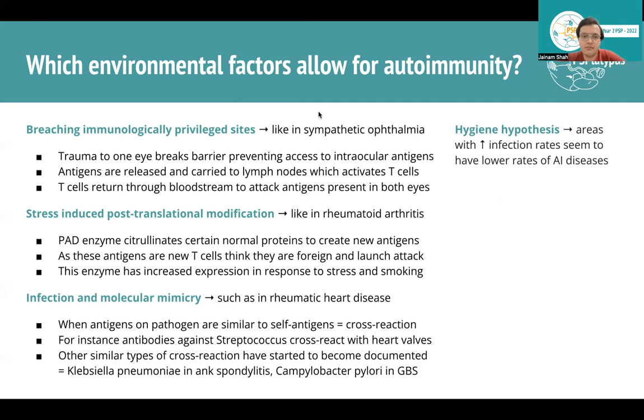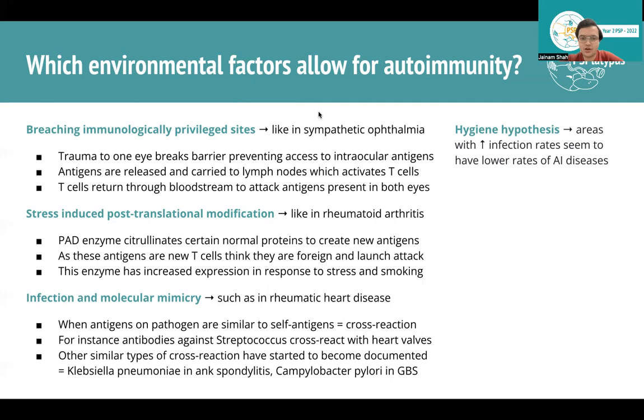Infection and molecular mimicry: a classic example is rheumatic heart disease. I think you would have covered this in microbiology of the cardiovascular system. But just to refresh your memory, when you have antigens on pathogens that are similar to self-antigens, you can get cross-reactions. The classic example is streptococcus, specifically group A beta-hemolytic streptococcus.